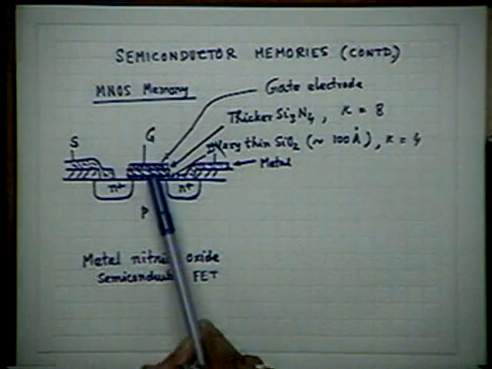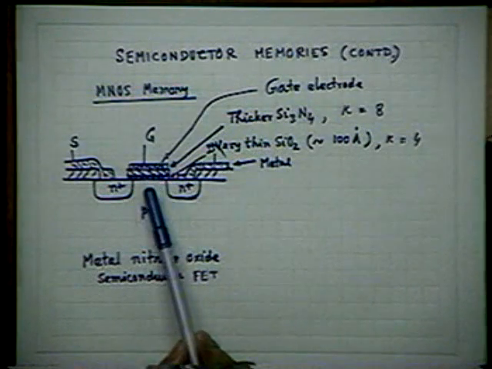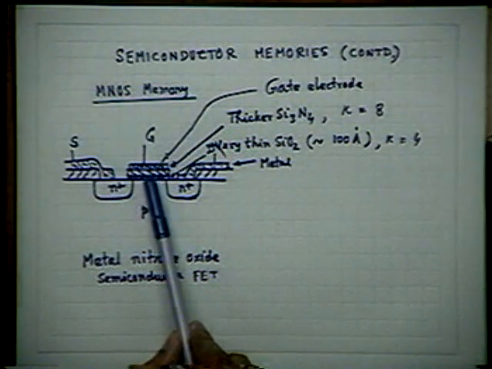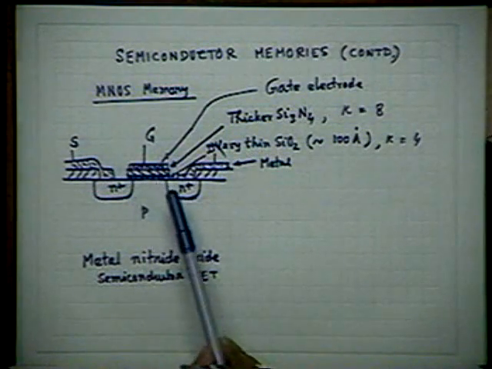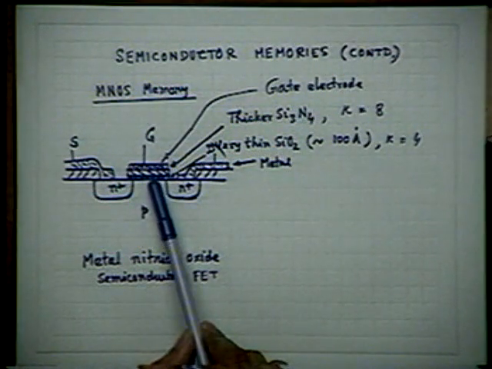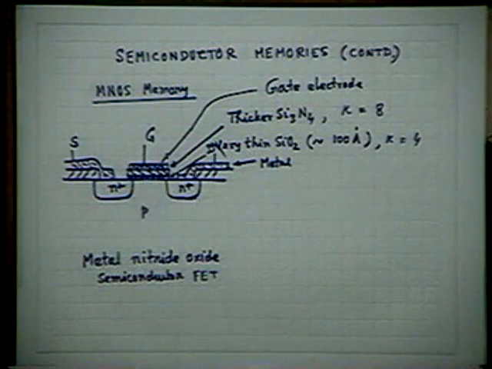Still, regarding the electric field distribution in the oxide and nitride, there will be a very strong electric field in the oxide because the dielectric constant there is smaller compared to the nitride.